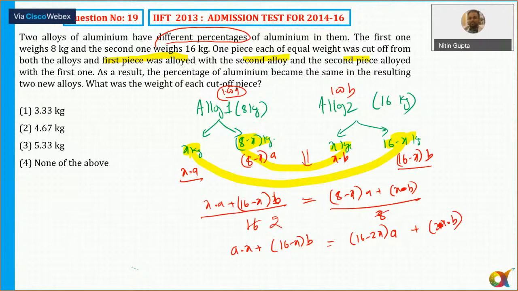Okay. So this is the equation I will get here. All right. And here the values of a and b, either you can compare the coefficients here or you can simply solve it. तो ये terms जो आएंगे मेरे पास a into x और ये हो गया 16 minus 2x.